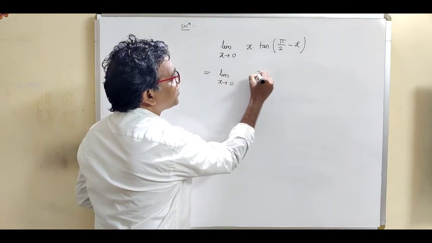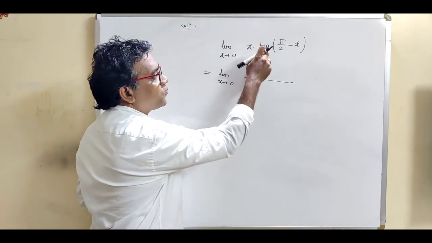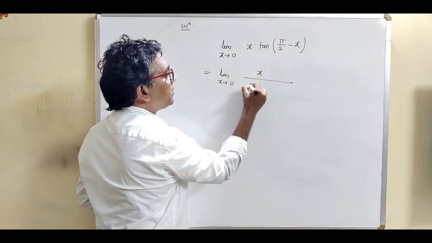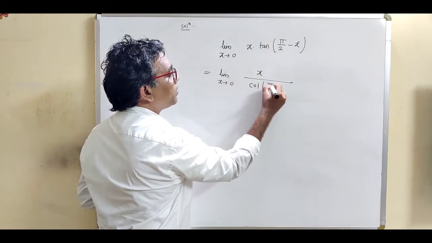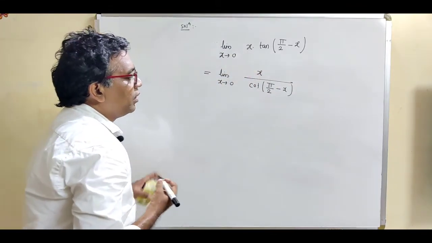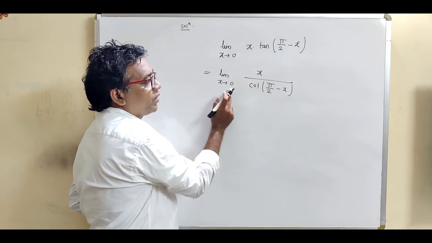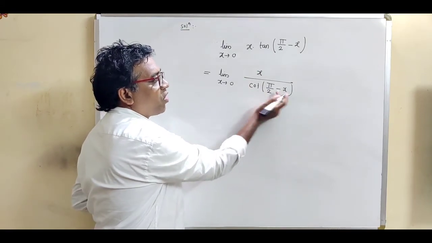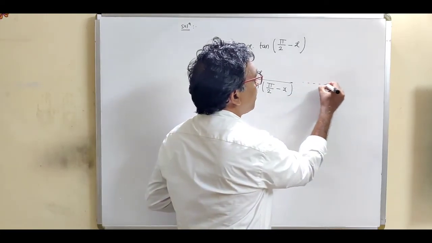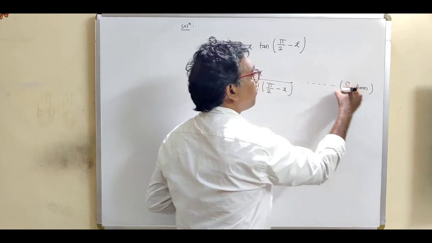Now write down this first algebraic term as it is x, and transform this trigonometric function in denominator. This tan becomes cot of pi by 2 minus x. Now if you put x equal to 0 in numerator, so this is 0. Put x equal to 0 in denominator, cot pi by 2 it is again 0. So write down the proper form, this is 0 by 0 form.